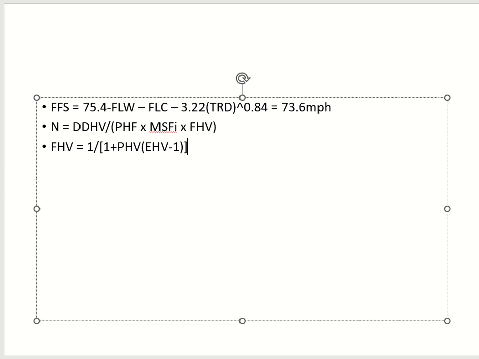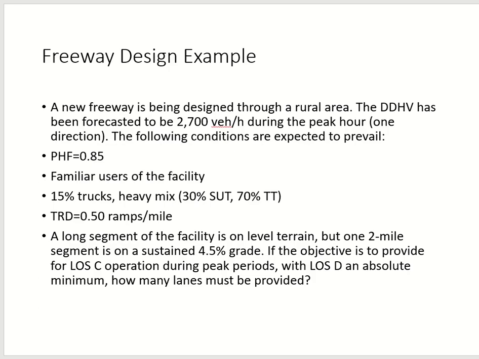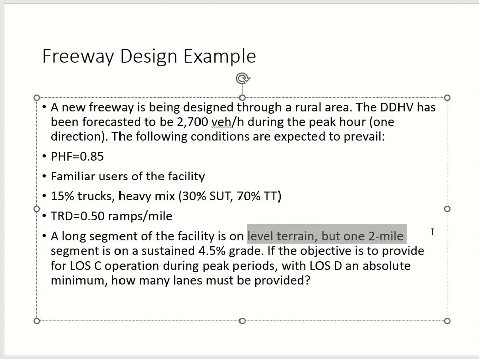It's not level, it has a grade. So the segment has two different parts. One is level terrain, the other one is designed for a gradient of 4.5%. So it has both a level terrain and another 2-mile segment, because freeways are very, very long. You can go up to 10 miles, 20 miles, something like this. So terrain conditions do not remain constant.